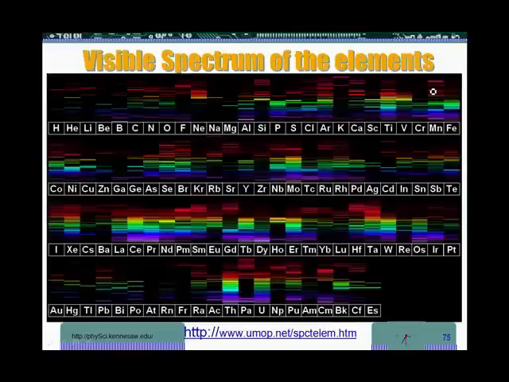Now, I mentioned earlier you can use a grating to look at spectrum lamps. Elements are going to emit light depending on their atomic makeup. The spectrum of the light that comes out of each element is a sort of fingerprint of that element.